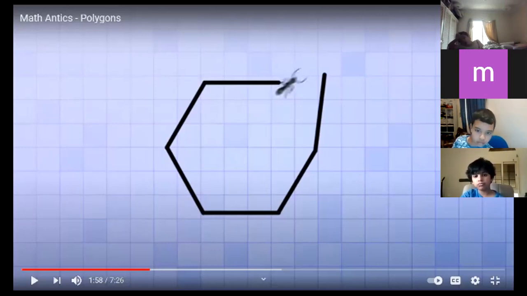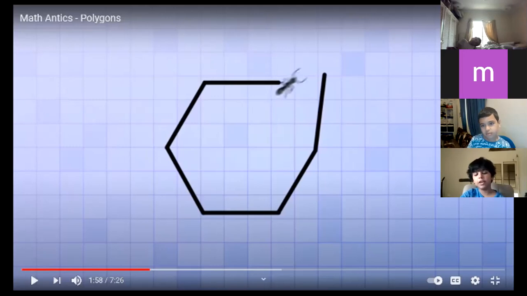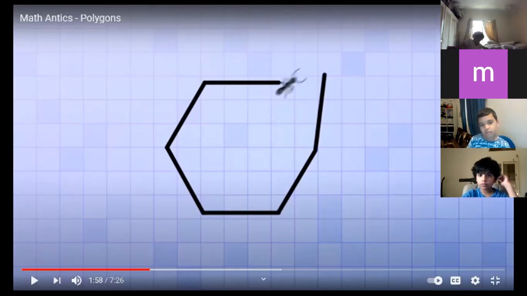Nope, it's not a polygon. But if we go back like that, is it a polygon? Yes, this is a polygon, but this one is not a polygon because we have a gap here. It's an open shape, supposed to be a closed shape. Okay, Saleh, you got it?